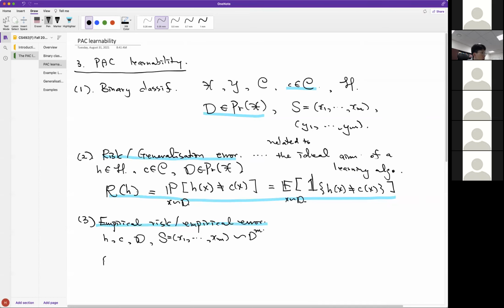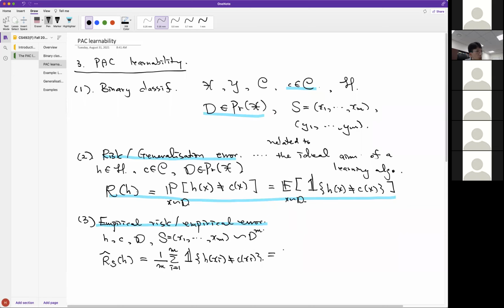So this is written as R hat of S. And that is defined by the average error with respect to this sample. So that's the average error.